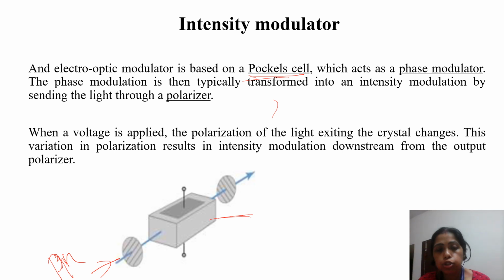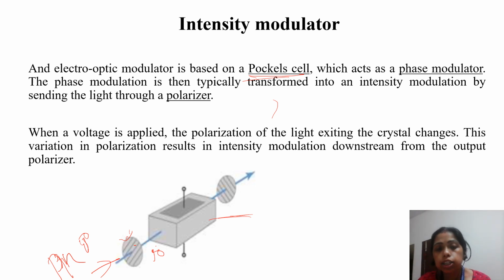Normally what will happen: suppose there is polarized light in a different orientation, say 45-degree polarization. This light will pass through polarizer one. Whatever polarizer you use, it will change the orientation of this light. Suppose it is 45-degree, now it becomes 90-degree.